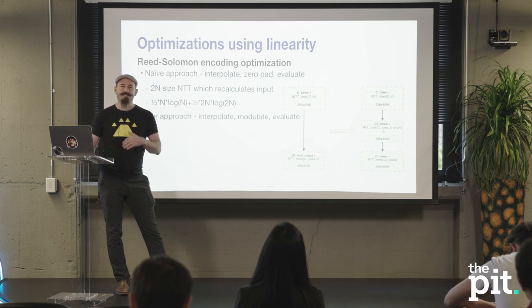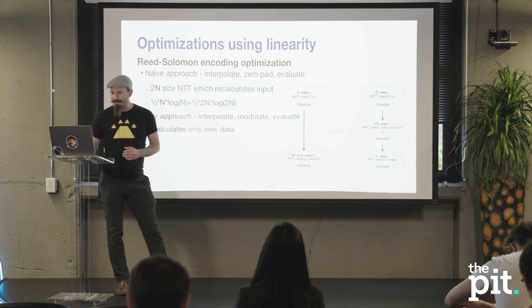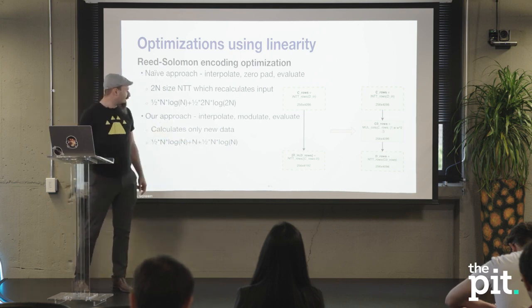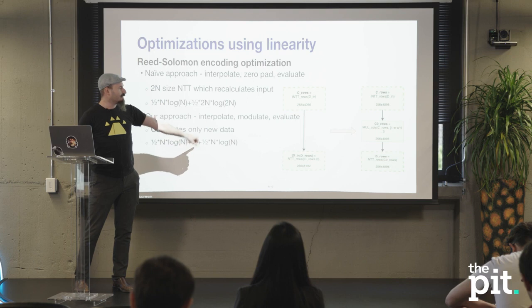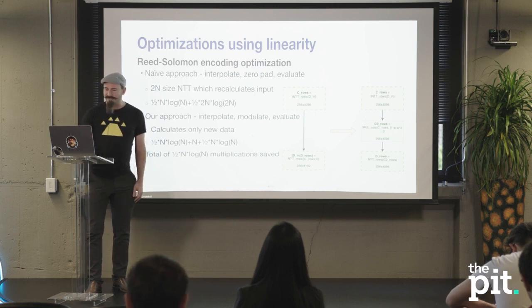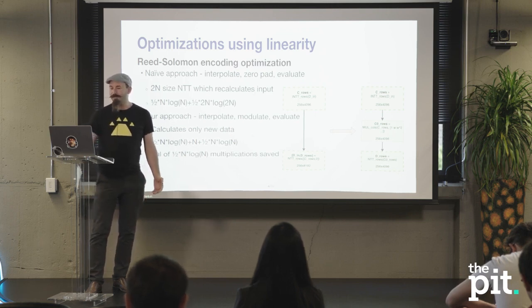We don't recalculate our old data like the naive approach was doing. So now we only have 2 times half n log n multiplications plus the n multiplications needed for the modulation. And in total, we're saving half n log n. This is per blob, or per row.